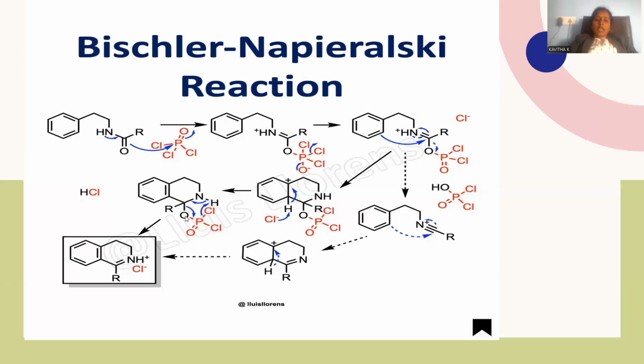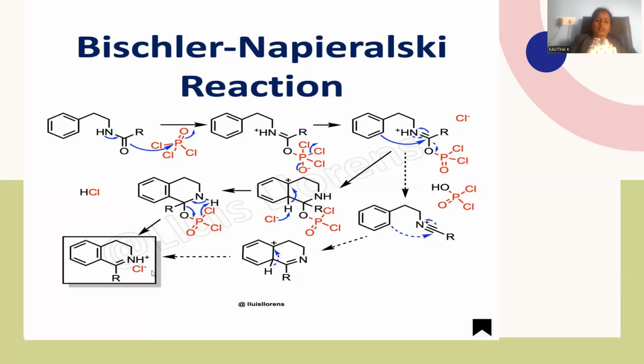It will further go for the departure of this phosphorus oxychloride moiety from position number 1. Being heavier in nature, immediately it will lose the entire phosphorus moiety, and whatever nitrogen-hydrogen bonded electrons are present, these participate in the pi bond formation, and the hydrogen that departs is accepted by the chloride ion again.